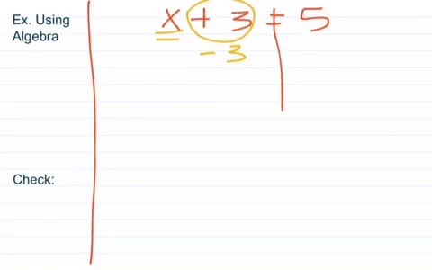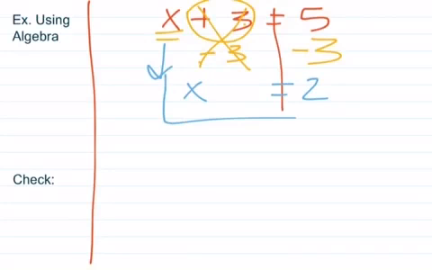If you put your finger on the number line, to get back to 0, you have to take 3 away. So we're going to subtract 3. So 3 minus 3 is 0, so that cancels out. If I subtract 3 from the left, I have to do the same on the right. And then I have left x equals 2.